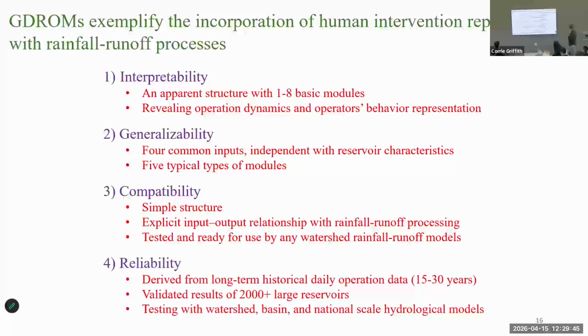We also tested the reliability for some reservoirs with limited data, and we did some transfer learning, using patterns we obtained from data-rich reservoirs to build models for data-limited reservoirs. That's basically the advantage of machine learning techniques.